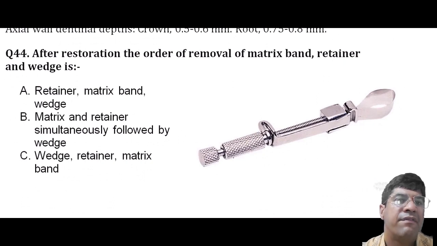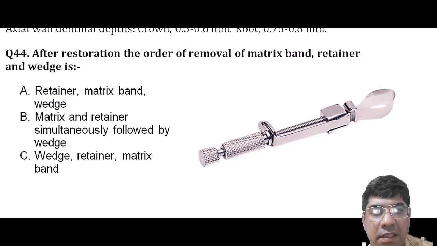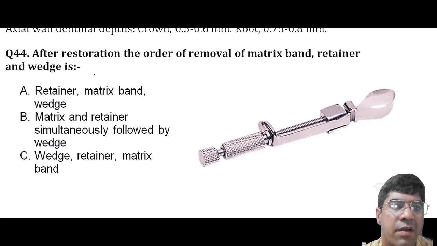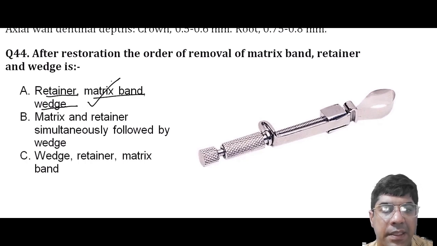The next question: after the restoration, what is the order of removal of matrix and wedge? The answer is, first you have to remove the retainer, then the matrix band, and then the wedge.